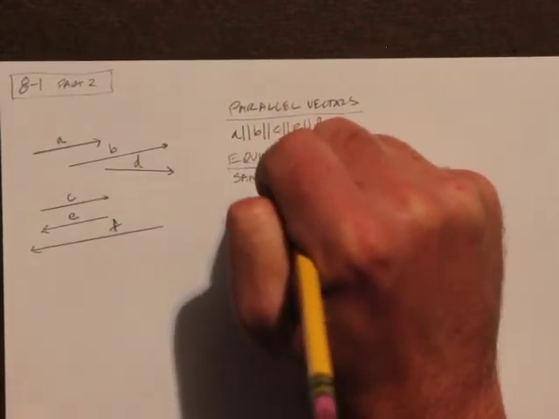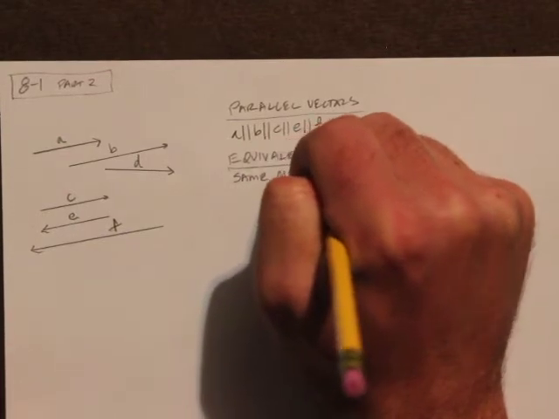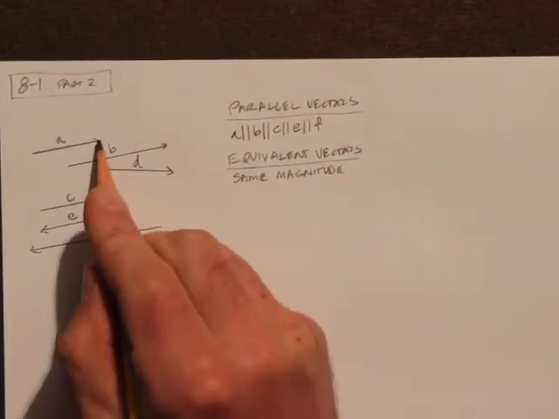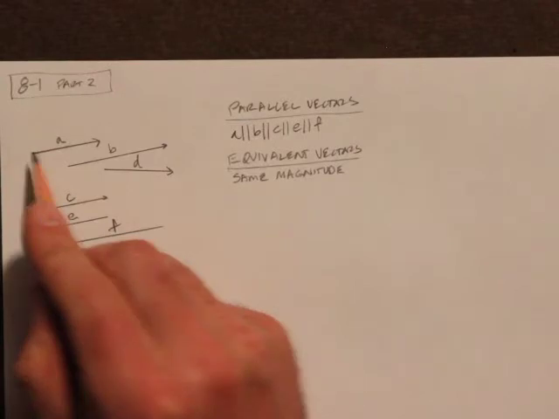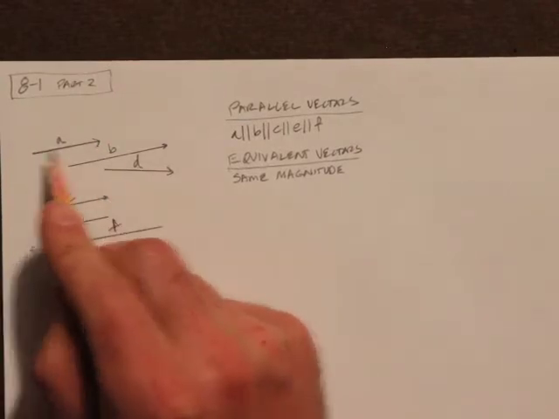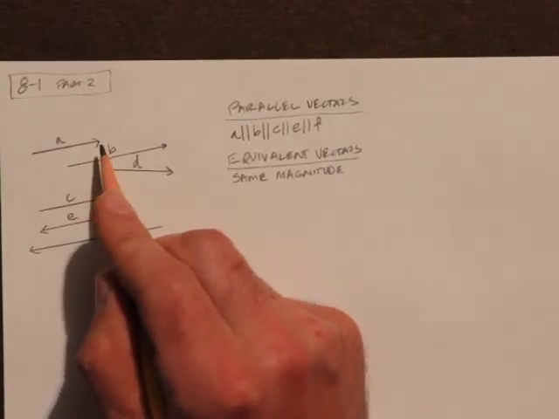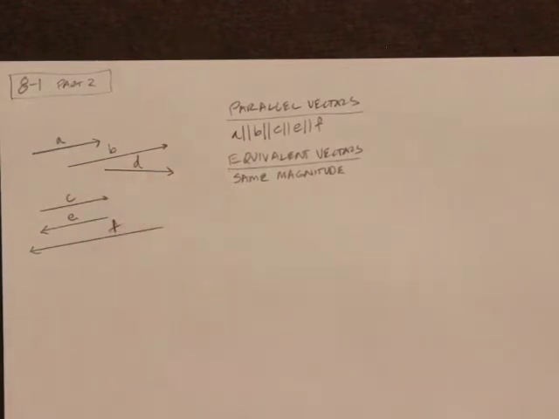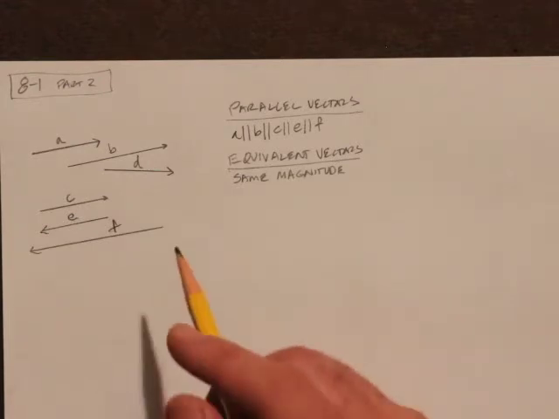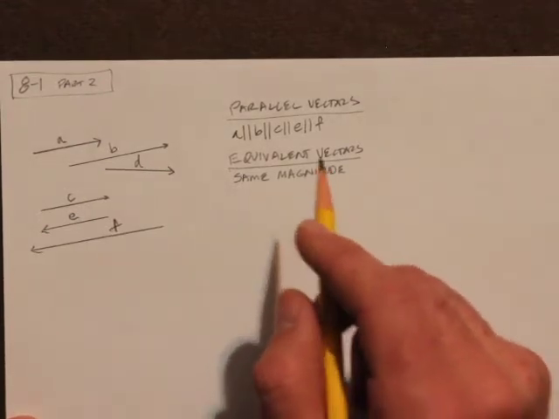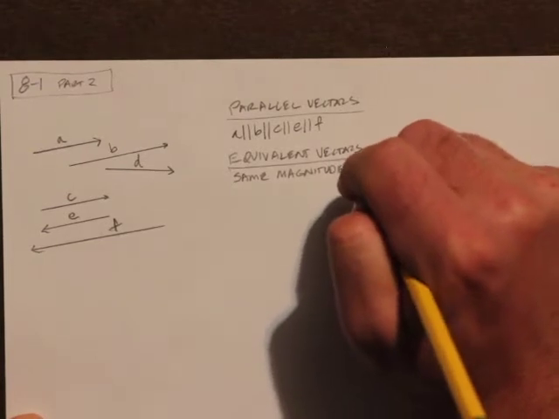If you remember, magnitude is the distance from the beginning to the end, from the initial to the ending point here, which, what are we calling the ending point again? Terminal. Initial point to terminal point. So the same distance here. So magnitude and direction.